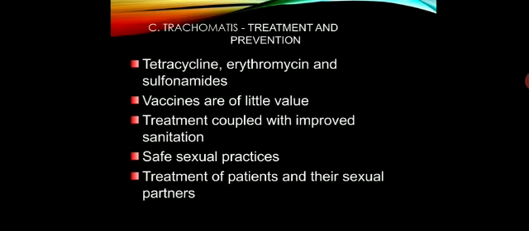Vaccines are of little value. Treatment is coupled with improved sanitation, safe sexual practices, and treatment of patients and their sexual partners. If any person is identified with Chlamydia trachomatis infection, the other partner should also surely take treatment.